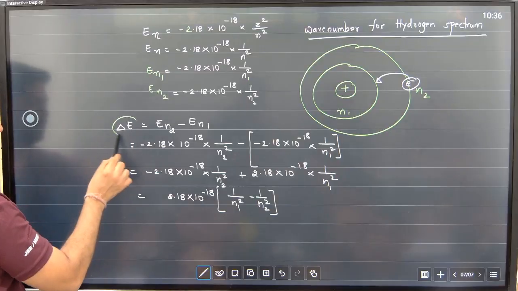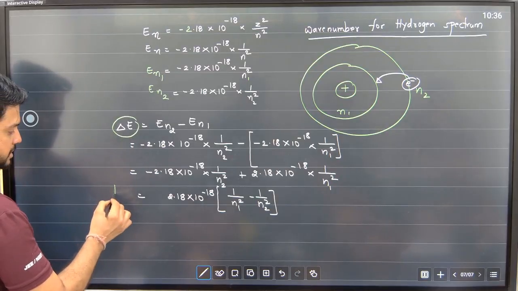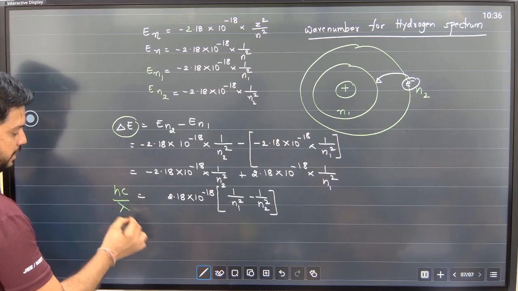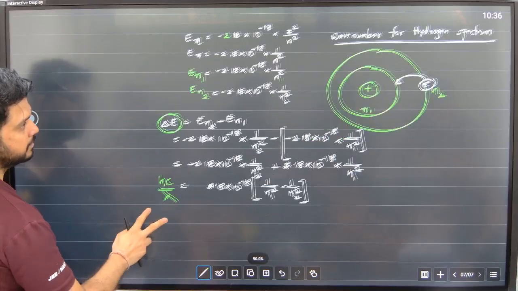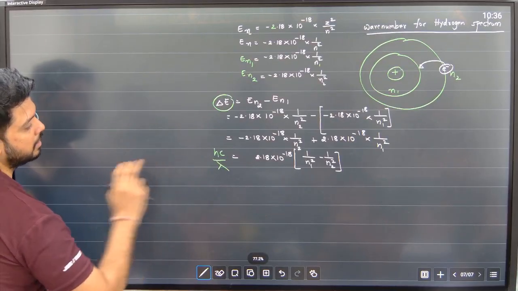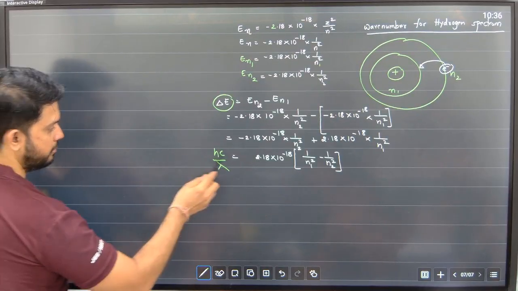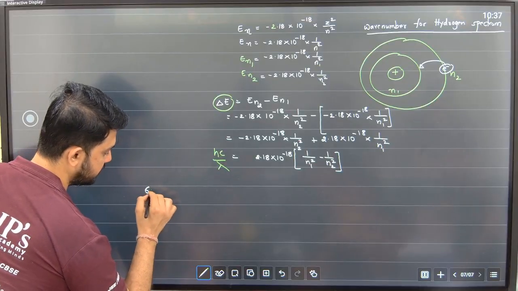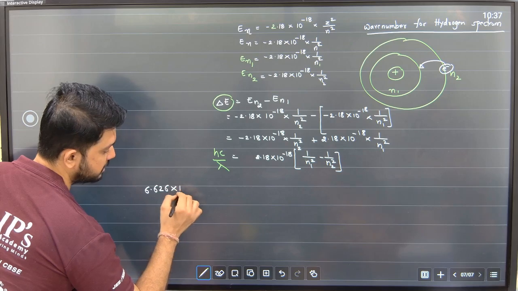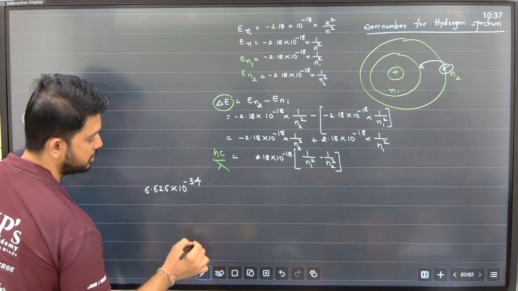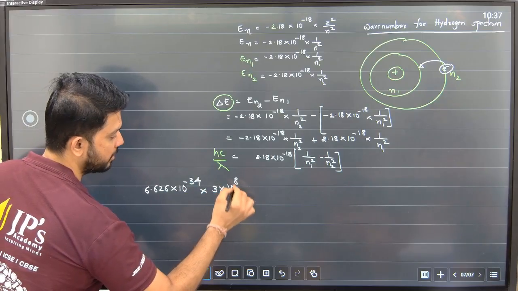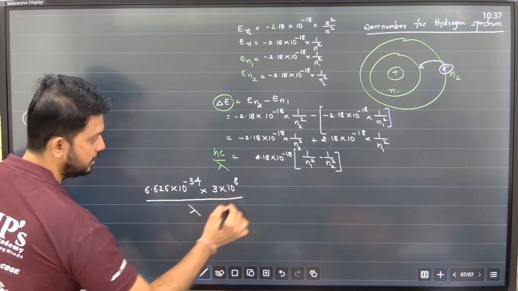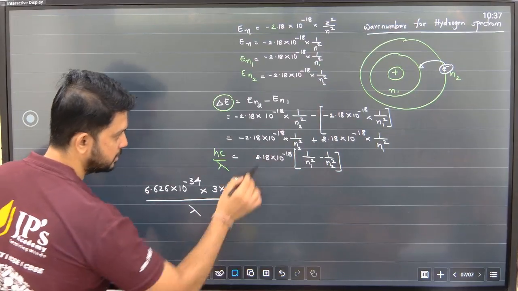And this delta E can be written as hc by lambda. What was the value of h? 6.626 into 10 raised to minus 34. How much is c? So 1 upon lambda is equal to this.